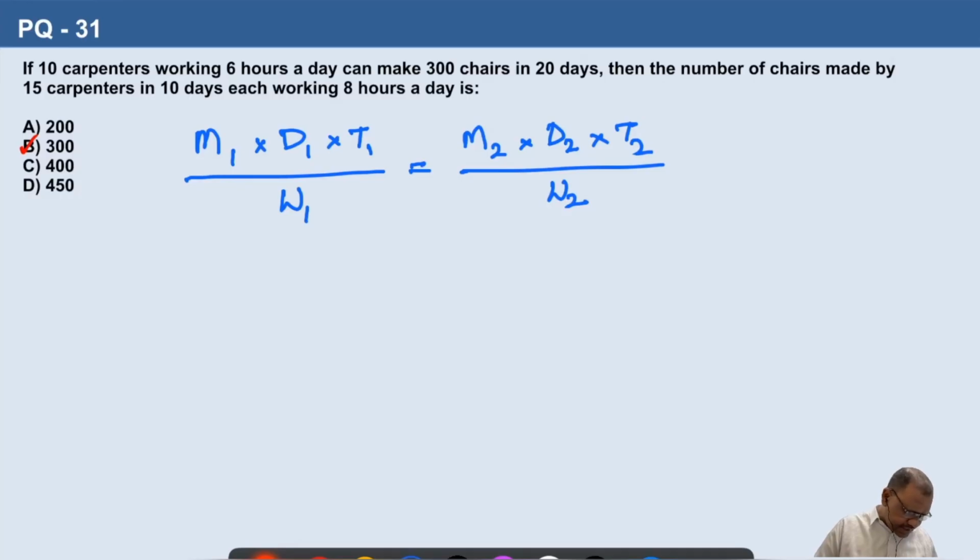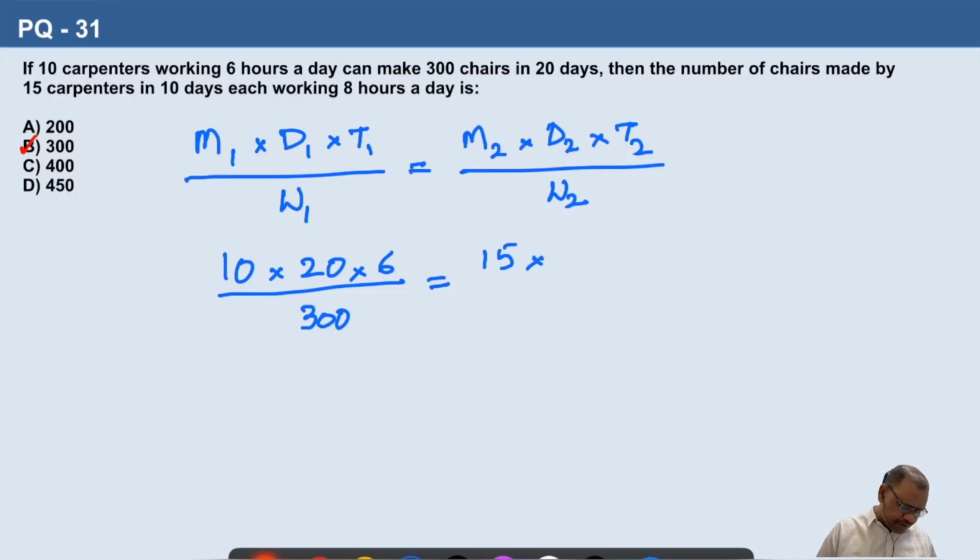In the first case, the number of men is 10, days 20, working hours per day 6, and the number of chairs made is 300. In the second case, the number of men is 15, the number of days is 10, hours per day is 8, and we need to find the number of chairs W2.